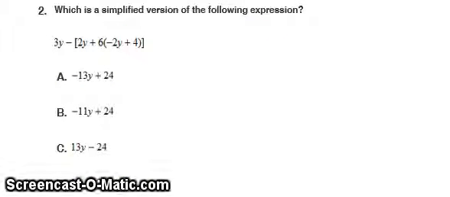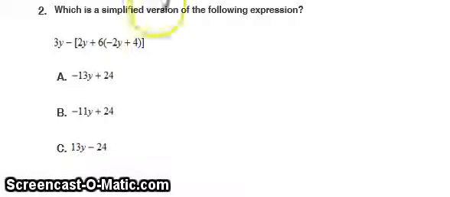Question 2 says, which is a simplified version of the following expression: 3y - [2y + 6(-2y + 4)].